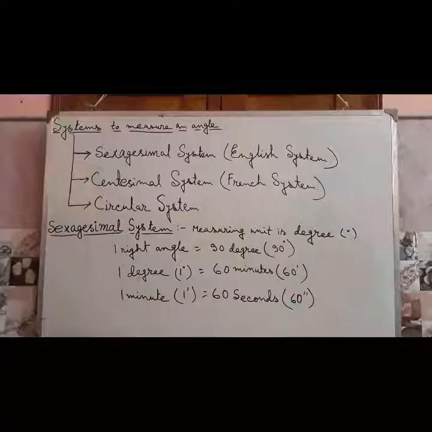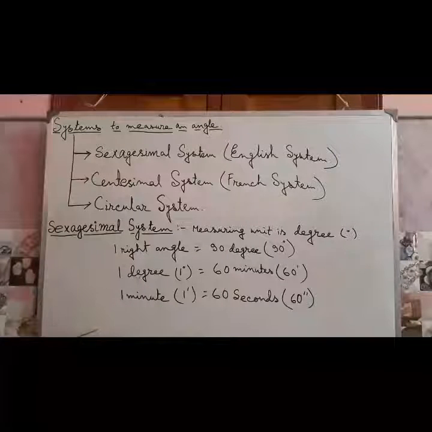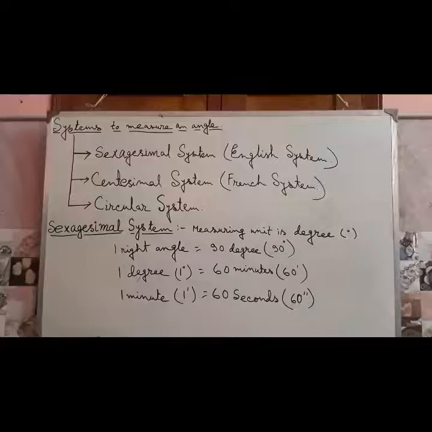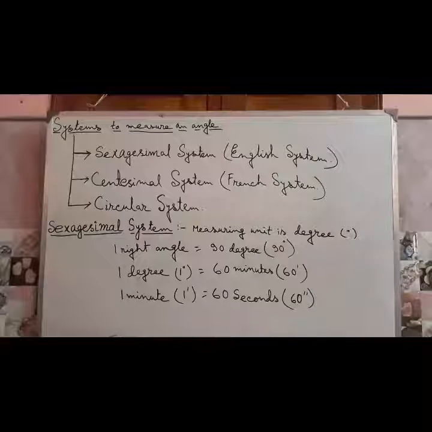What is a right angle? Now, if two lines intersect each other, then all the four angles formed by them, if equal, are known as right angles. I repeat: if two lines intersect each other, then the four angles formed, if all these four angles are equal, then each angle is known as a right angle.